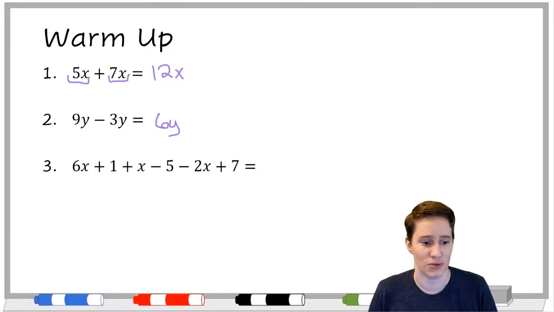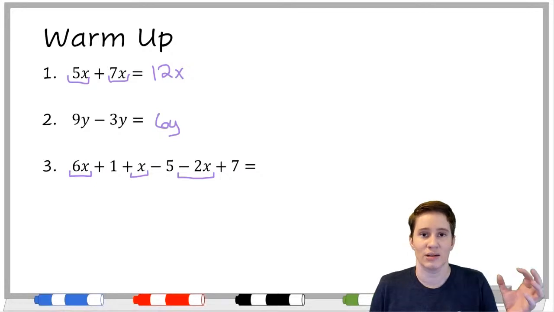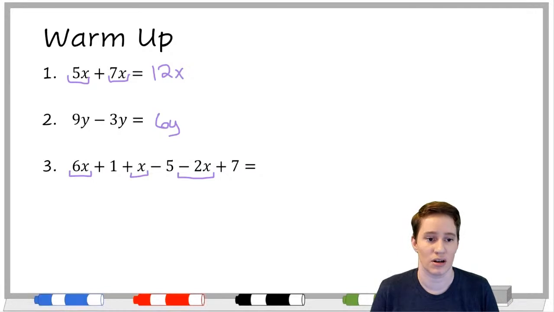So in 3, as I'm looking at this, I would look through and say, okay, I've got a 6x, I've got this x right here, and I've got this 2x, which we need to think of as a minus 2x. That sign in front of 2x is attached to the 2 and the x. So we can put those x's together, and then we can also put our numbers together, 1 and -5 and +7.